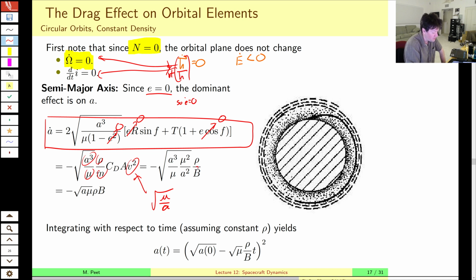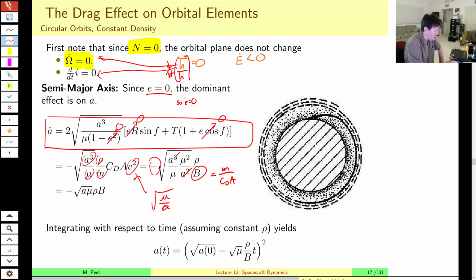We've substituted in for the ballistic coefficient. And of course, obviously, the change is negative, so we're decreasing our semi-major axis. Our orbit is decaying, and so this all simplifies out very easily.